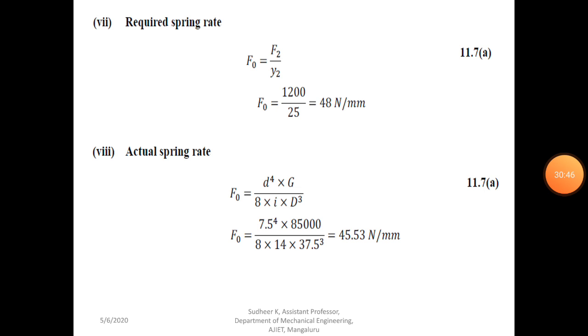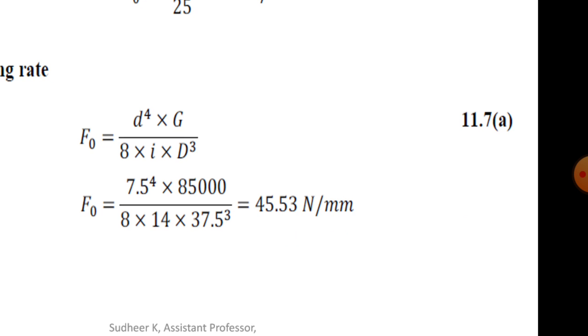Now the next step is to find the actual spring rate, based on the properties, that is with respect to G. That is from equation number 11.7a. It is given by F0 equal to d to the power 4 into G divided by 8 into i into d cube.